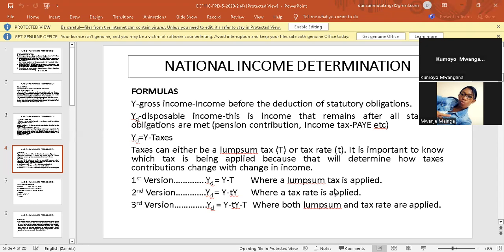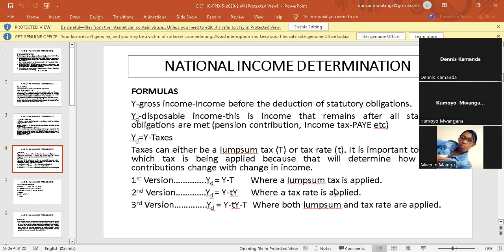So Duncan is earning 1,000 every month, and the government charges 20% tax. How much money is the government going to collect from me? 200. How much? 200 kwacha.